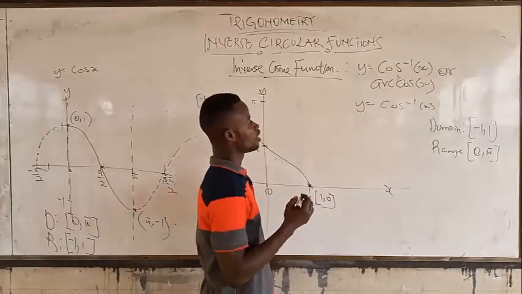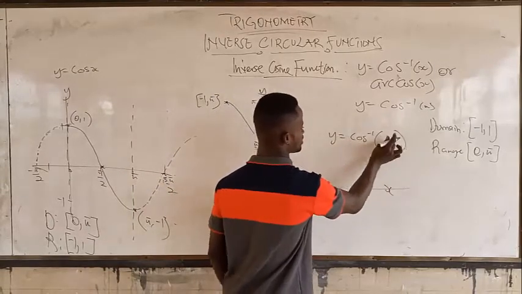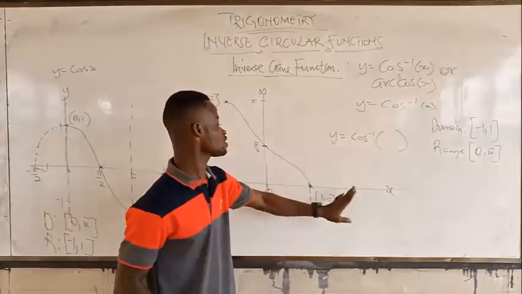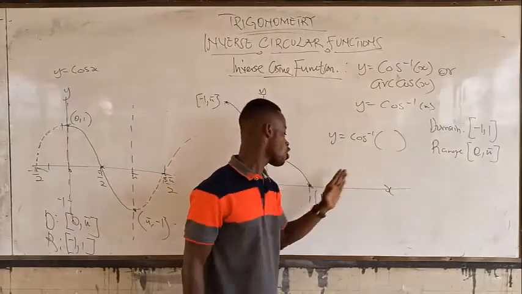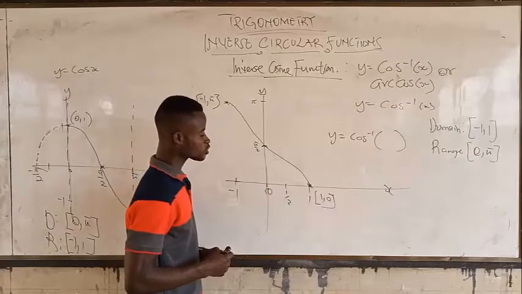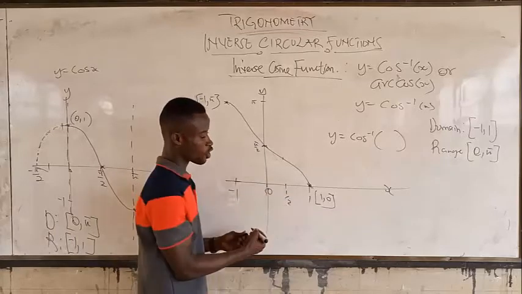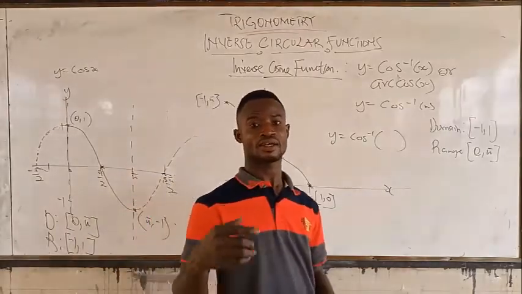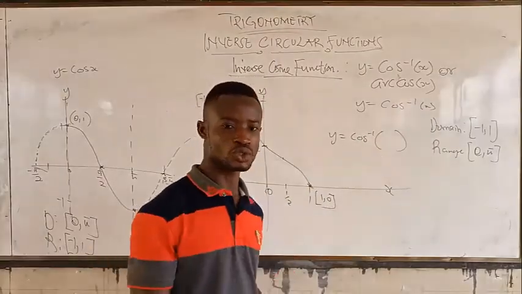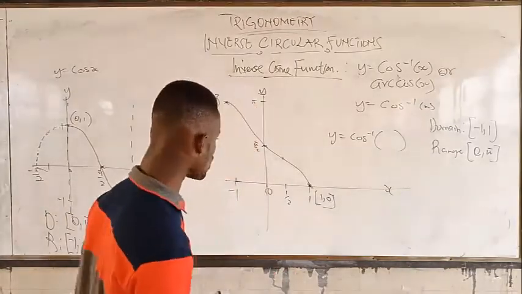Now let me help you understand this more. y is equal to cos inverse of x. For cos inverse of 2, you get undefined. Cos inverse of 3, you get undefined. It's only the values from -1 to 1 that work. For instance, you can get cos inverse of half, cos inverse of square root of 2 over 2, and cos inverse of square root of 3 over 2, and all that.